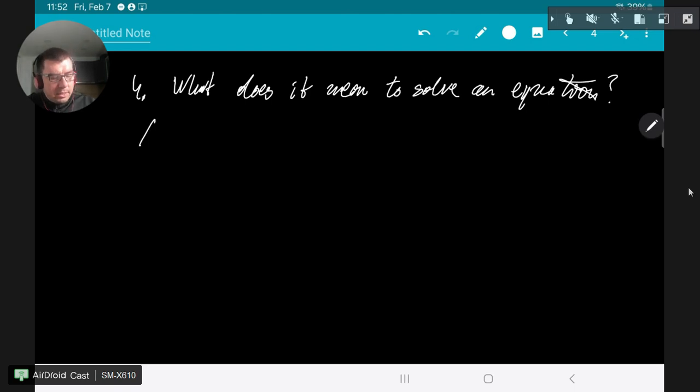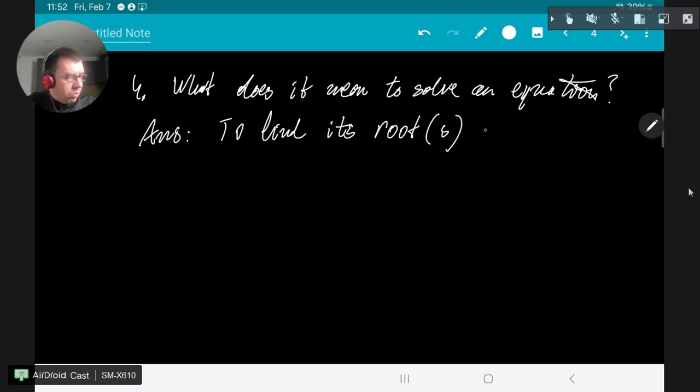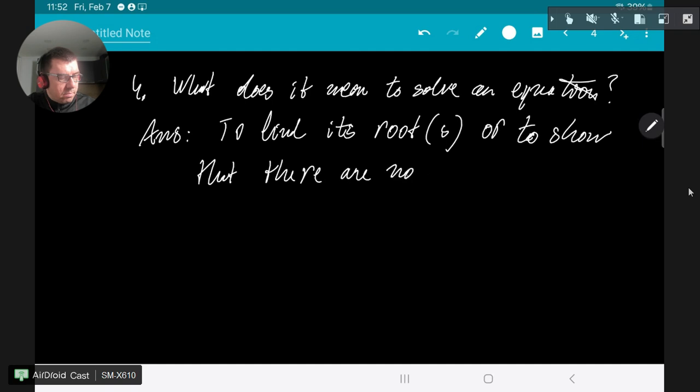Well, the answer is to find its root or roots, or to show that there are no roots. Okay, this is what it means to solve an equation. It's to find the root or the roots, maybe there are more than one, or to show that we have no roots, that there is no solution.